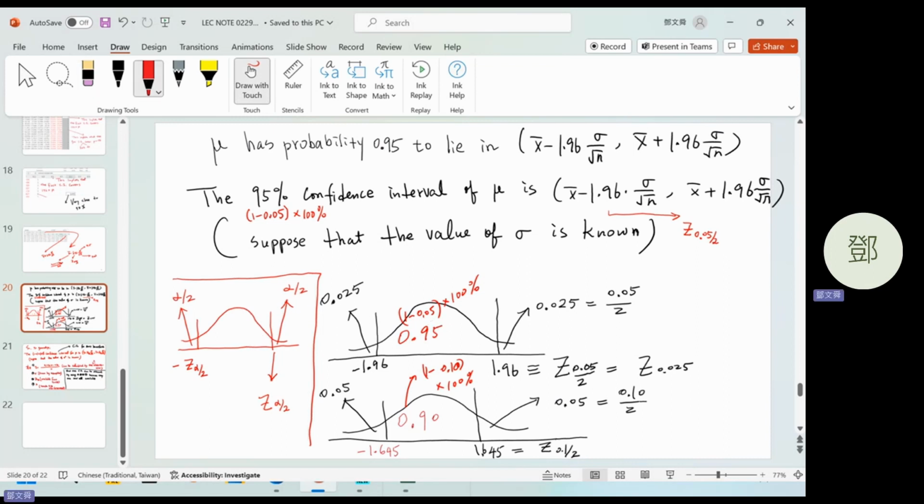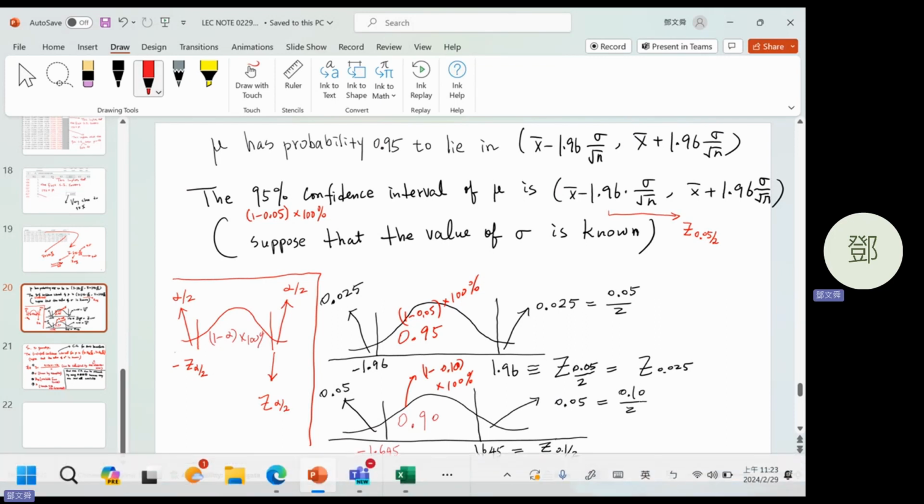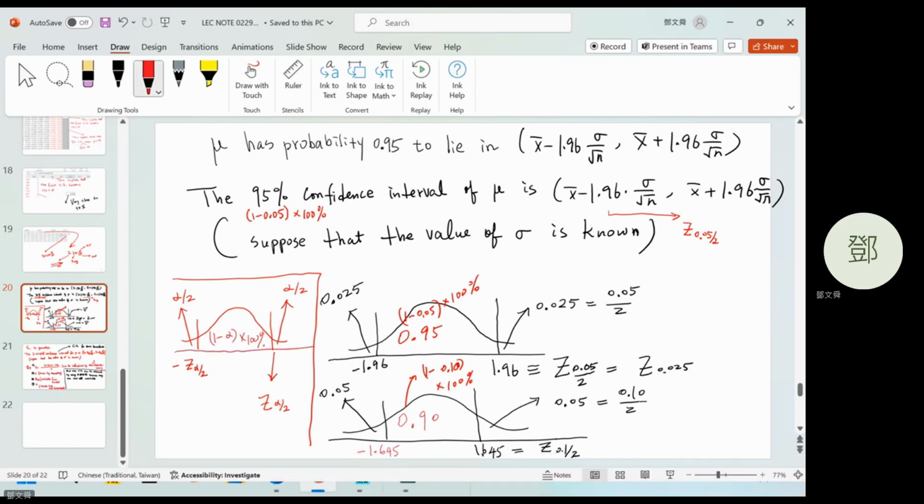This one should be 1 minus alpha, times 100%. This figure shows you the way to generalize.